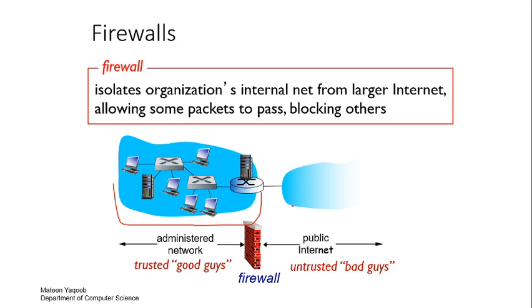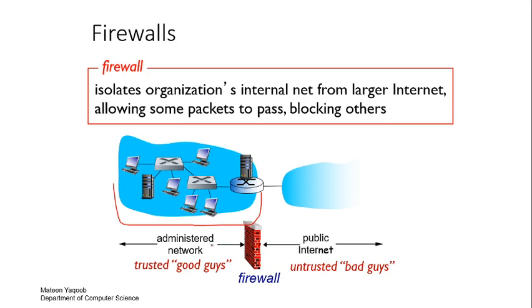In order to secure your organization network, you will create a firewall, like a concrete wall, that will allow some types of packets to pass and will block the other packets. The rest of the packets will not be allowed to pass through the firewall.